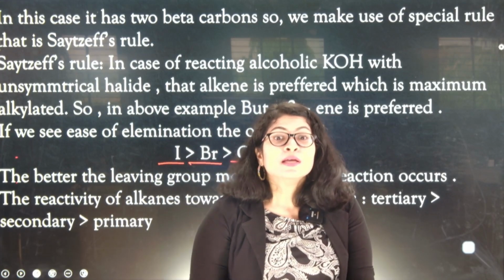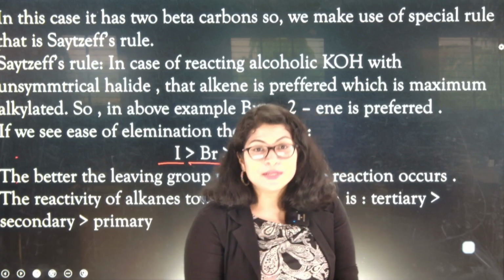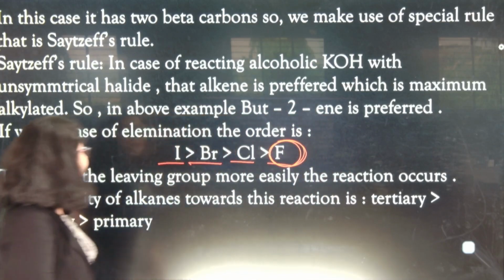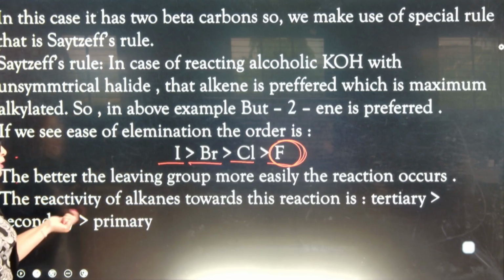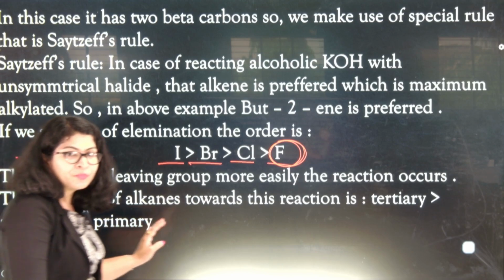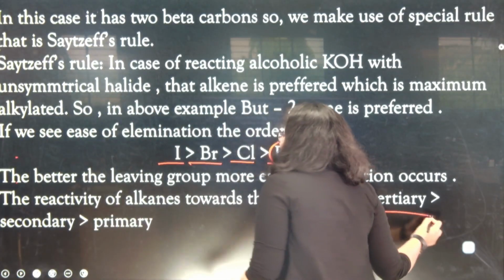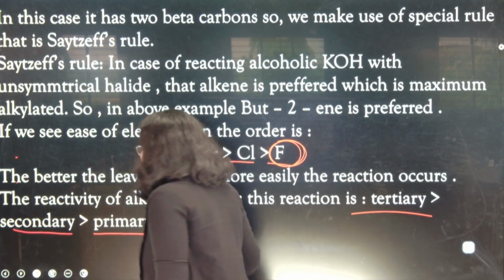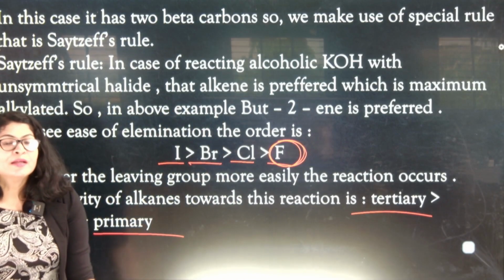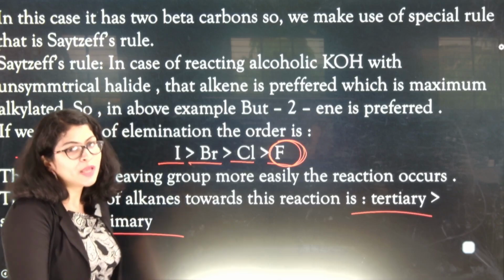The better the leaving group, the more easily the reaction occurs. Now the reactivity of alkyl halides towards this reaction: tertiary is highly reactive, then secondary, followed by primary. Primary alkyl halide is least reactive to such reactions.